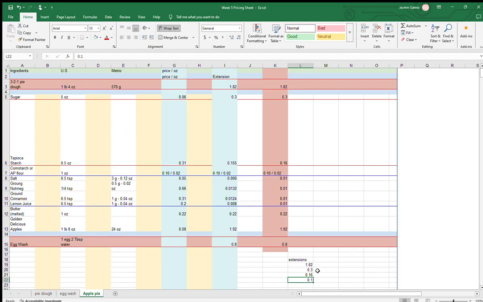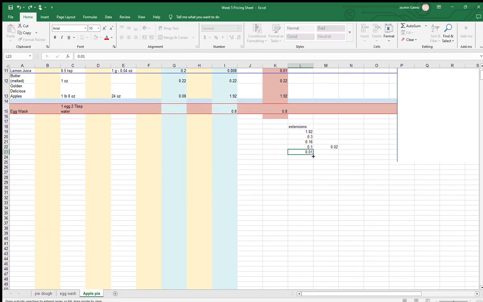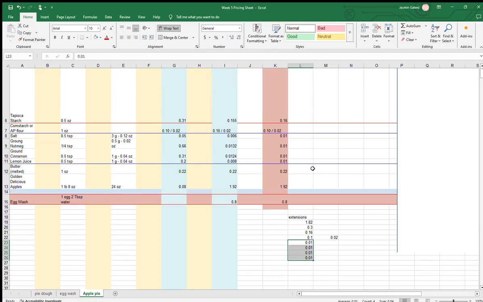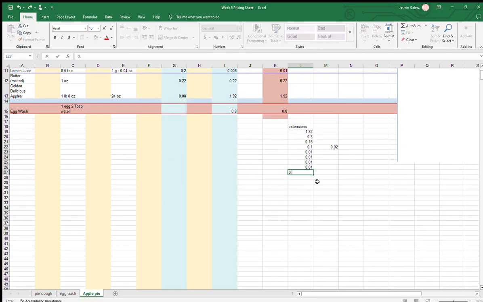Let's go with 0.02. 0.01. 1, 2, 3, 4. 0.22. 0.22. 1.92. And 0.8. Alrighty.